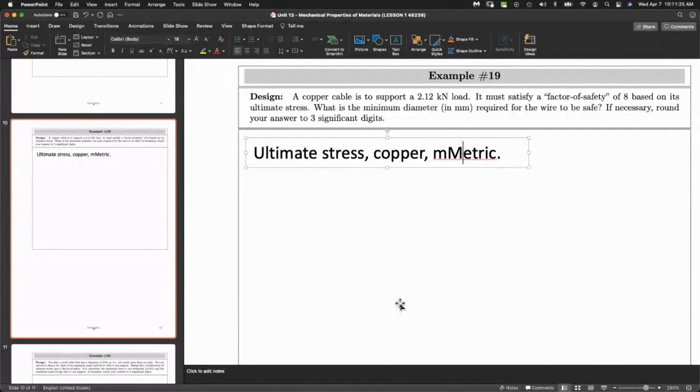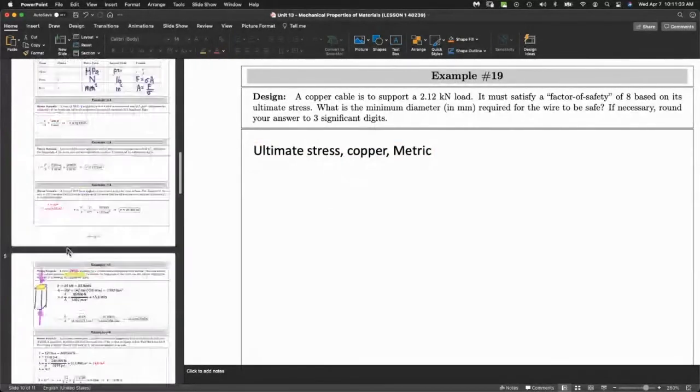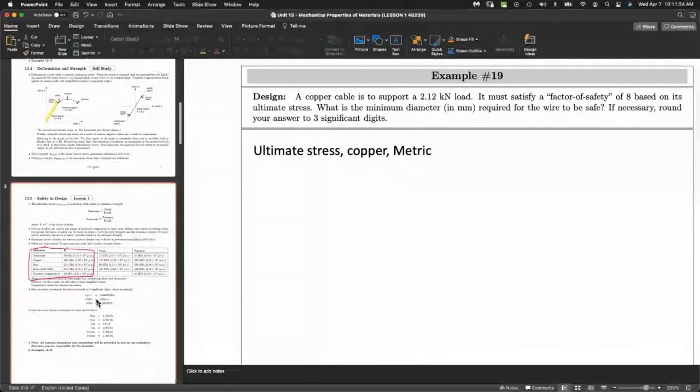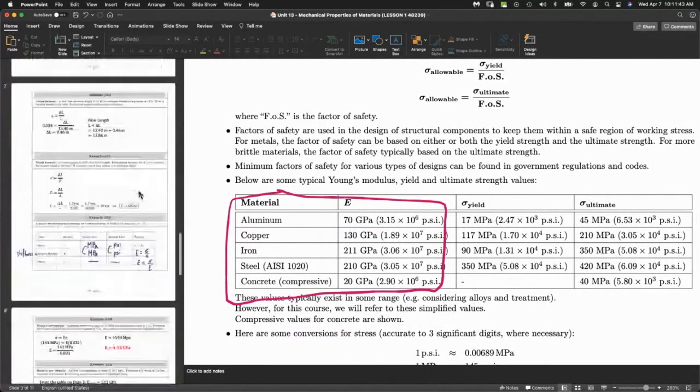Those are the keywords that I'm using to figure this question out. So go back to the table on the third page. Ultimate stress, here it is, copper, metric. So 210 megapascal.